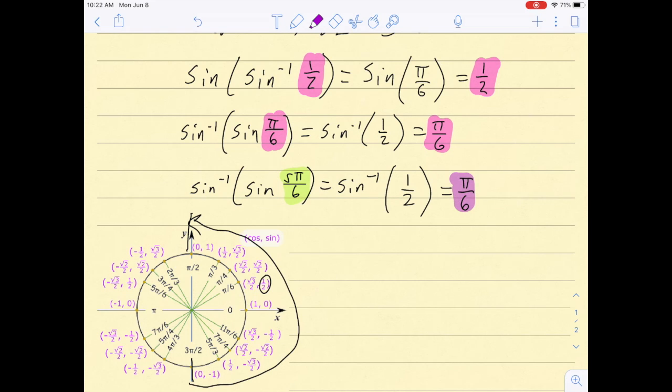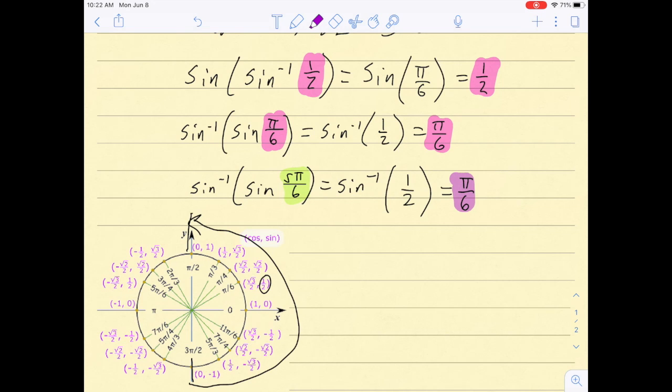And that leads to what they say on page 571. Composition of trigonometric functions. The sine of the inverse sine of x is equal to x for all x in the domain of the inverse sine.